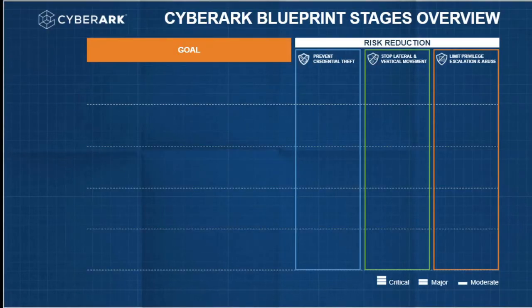The CyberArk Blueprint is a prescriptive, risk-based framework used to help customers build out an identity practice. Based on 20 plus years of experience, we start by focusing on high-risk accounts that require a low effort to secure. This becomes a flexible implementation plan addressing security controls in stages.